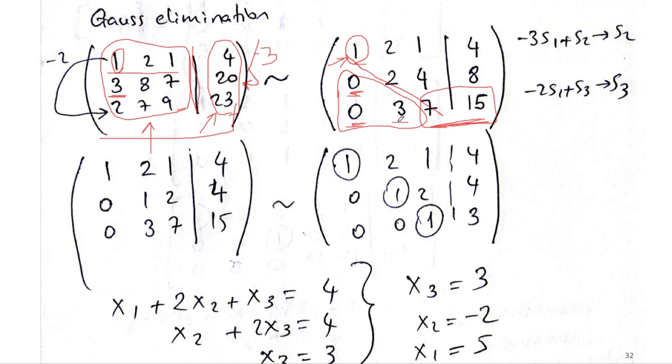And similarly, the second element in the third row, we will also try to make it equal to 0. And in the Gaussian elimination method, actually we are doing row operations in order to achieve this, because the system, and the solution of the system doesn't change as we do these row operations.